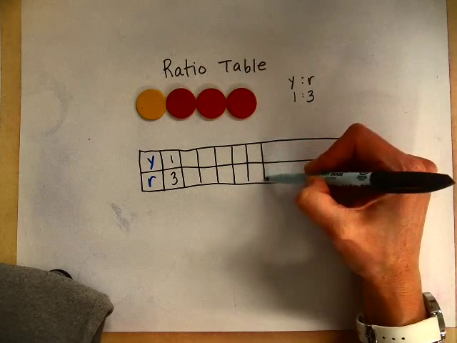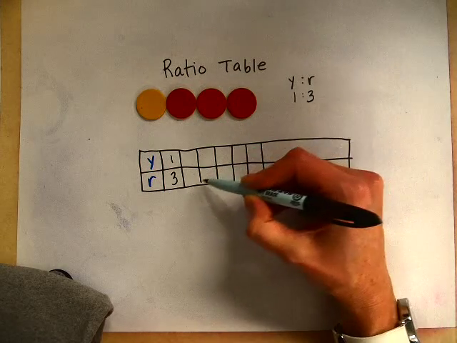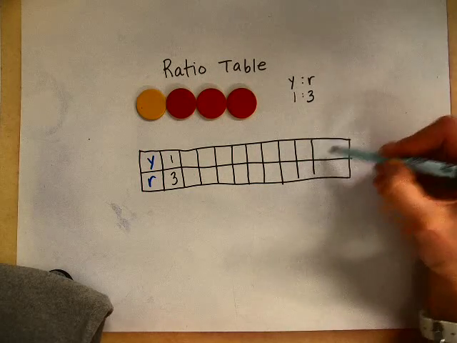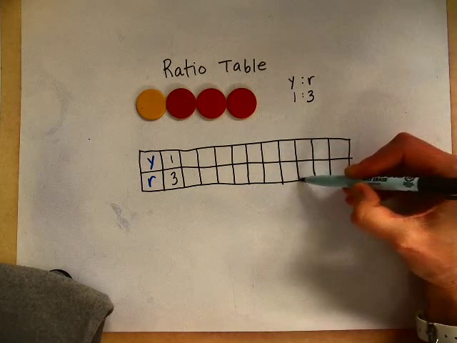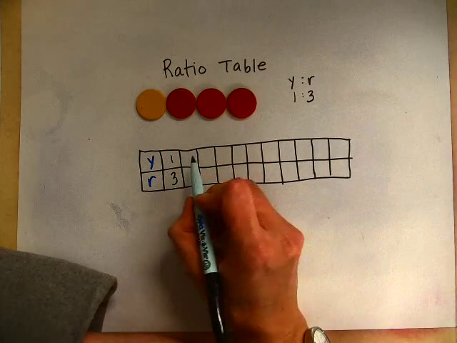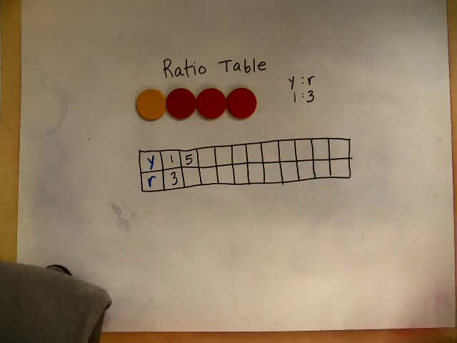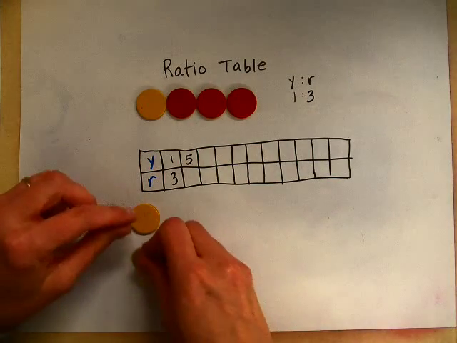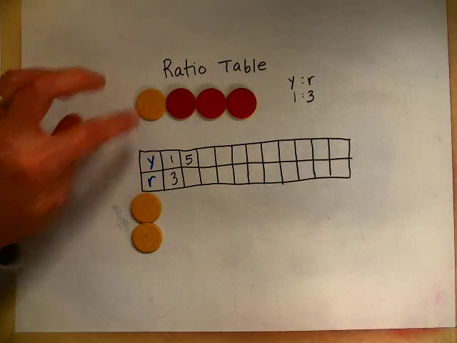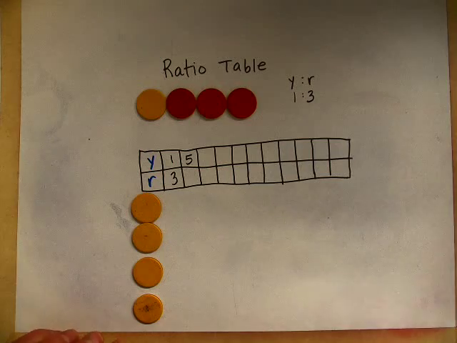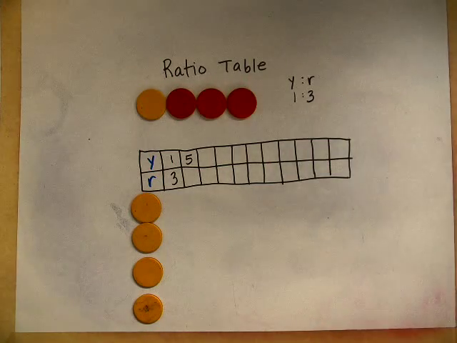So for every 1 yellow, we have 3 red. So let's say we had 5 yellow. We have 1, 2, 3, 4, 5 yellow. I might have to go get some more chips.